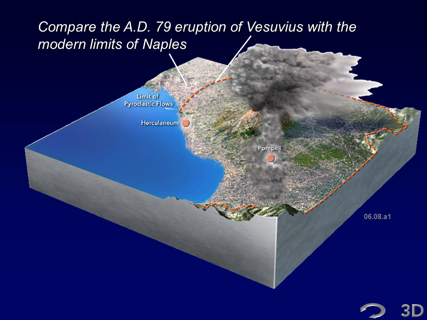So, taking a look at this, how would Vesuvius affect what is now Naples in Italy if a similar eruption were to occur? There are 3 million people that currently live in this area. And the famous eruption in 79 AD started with earthquakes, followed by the formation of an eruption column.